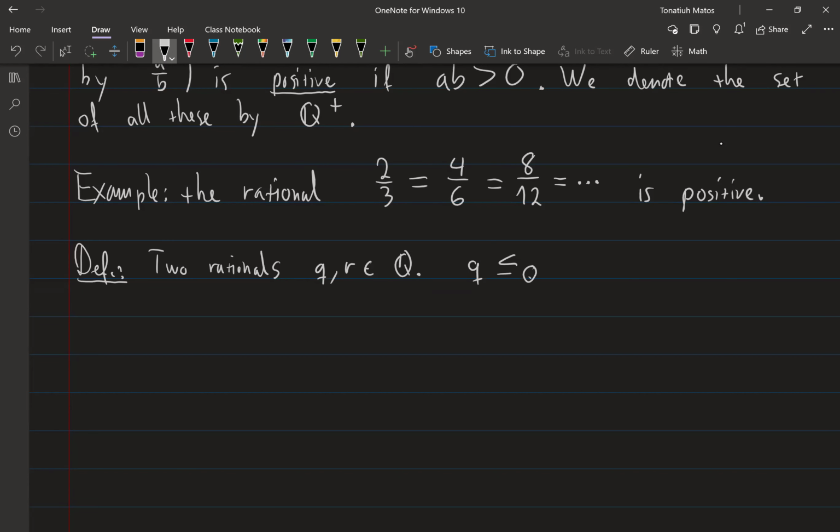Then the order in the rationals: q is less than r if r minus q is a positive rational, right? If you subtract the small one from the big one, then you get a positive rational. I guess I have to rule out the fact that they could be equal, but I can add that in later, right? So this is either positive or zero, but let's just define the strict order.